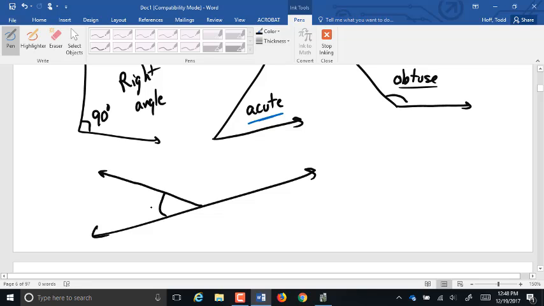So if I tell you that this angle here, let's say that it is 2x minus 1, and that this angle over here we might have as, let's do 3x plus 31.